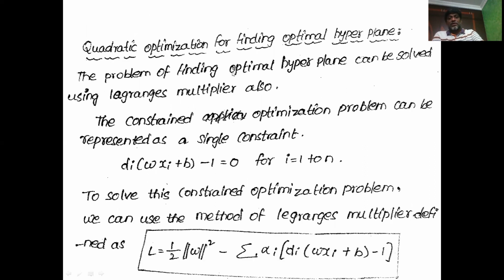Now this is about the quadratic optimization that is applied for finding the optimal hyperplane, and this gives us the best hyperplane that has the maximum separation between positive and negative hyperplanes. For quadratic optimization, we make use of Lagrange's multipliers, defined as L equals half into mod w squared minus summation alpha into the constraint we got from equation 1, that is di into (wxi plus b) minus 1.